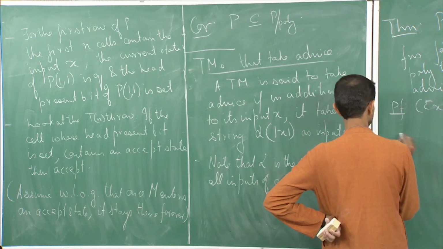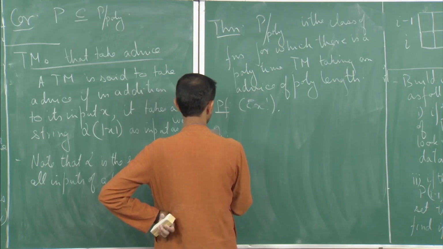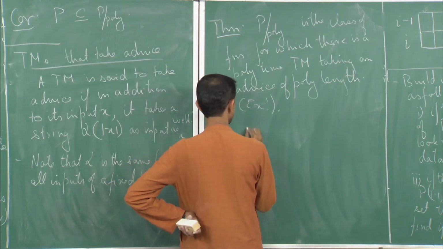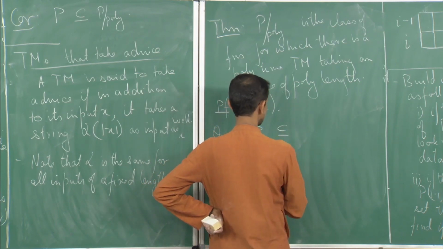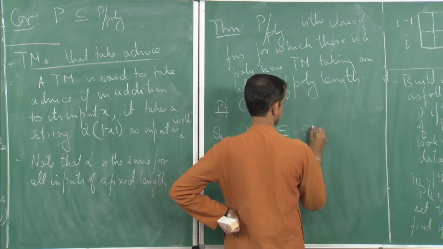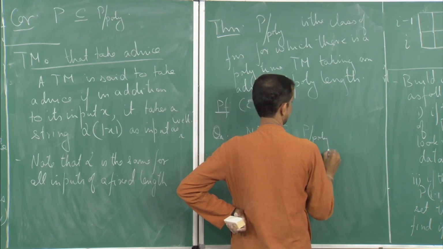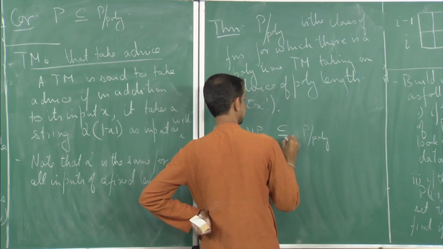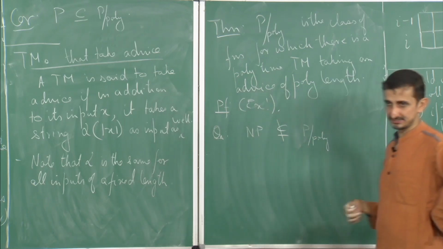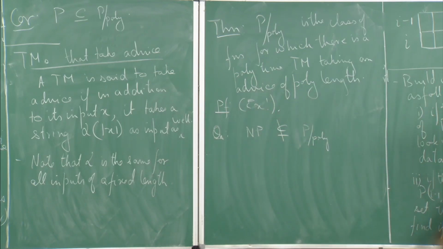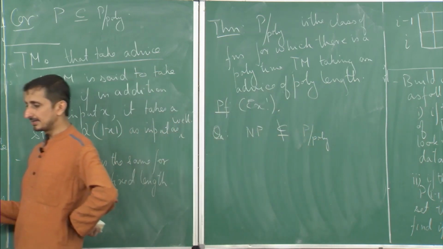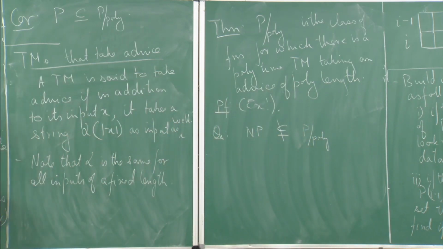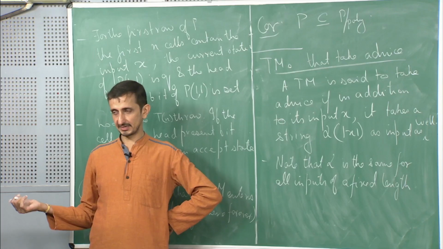The next question that arises is what is the relation between NP and P slash poly? For example, can we say that NP is in P slash poly, or can we say that NP is not in P slash poly? When I say NP is not in P slash poly, what I mean is that there is a function in NP which does not have polynomial size circuit.